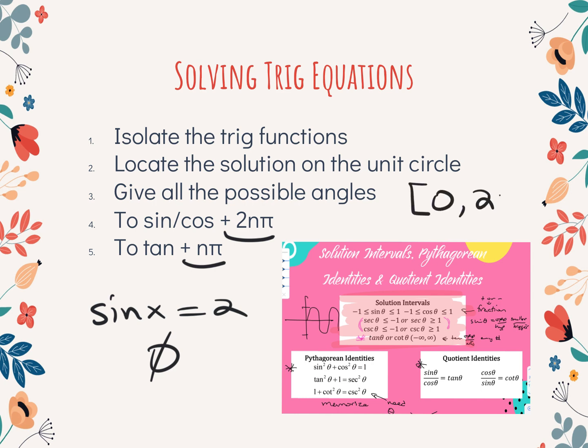So from 0 to 2π, and notice the parenthesis around 2π, so 2π will not be an answer. Just recognize that if it wants infinitely many, once you get your 2 answers or 4 answers, you would add plus 2nπ to sine and cosine, or plus nπ if it's tangent.